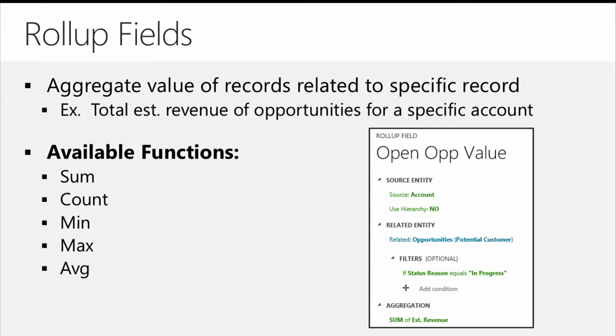And there's several different functions available based upon the type of field that it is. You can sum that information, you can do a count or a min or a max or an average. Part of that's going to depend a little bit on the field type that you've chosen. But basically, roll-up fields are really limited to numeric values, and in some cases you can do some roll-up information around date and time values as well.